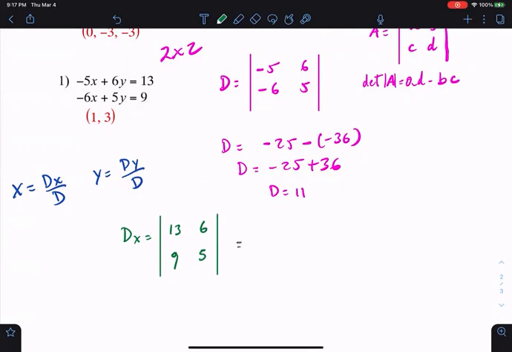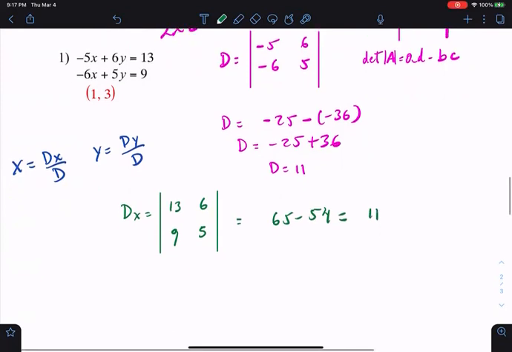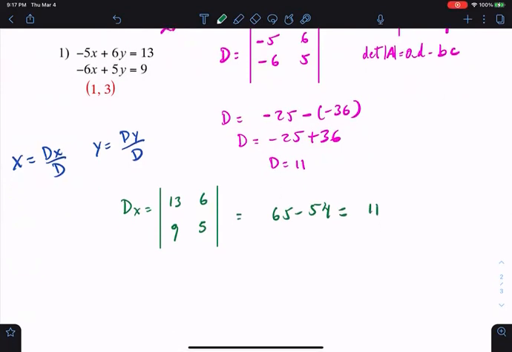If we compute this, we get 65 minus 54, and that should be equal to 11, right? So if we want to find the value of x right away, we can do that. x equals dx, which is 11, over 11, and that gives you 1. So this is the value of x, 1.